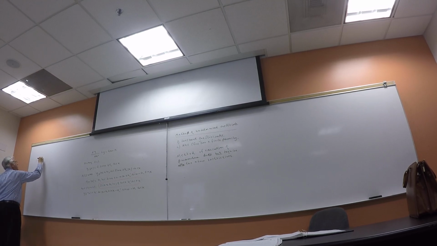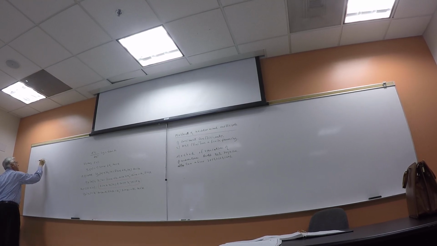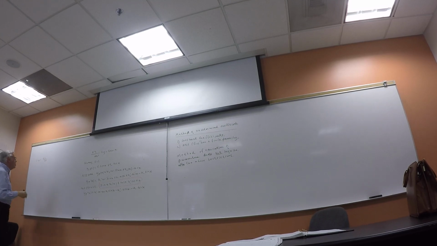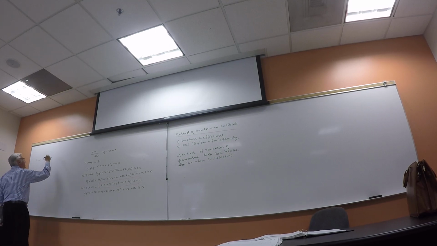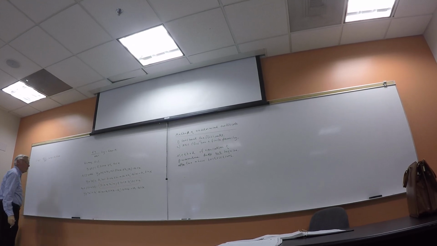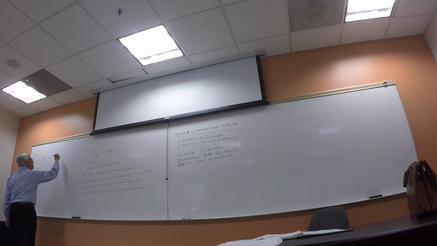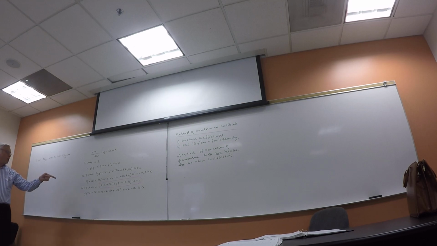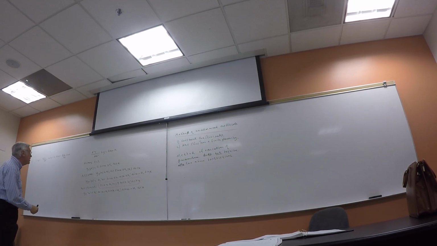So I've got the derivative of u1 with respect to x times the cosine of x minus u1 sine x minus u2 prime sine minus u2 cosine.